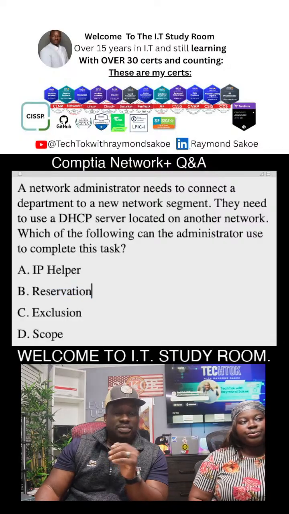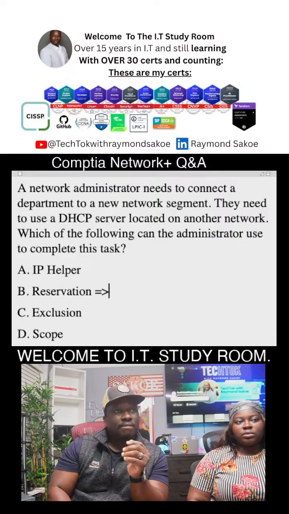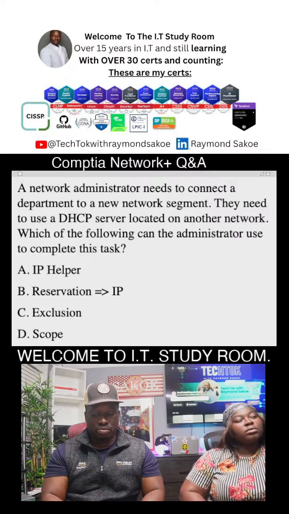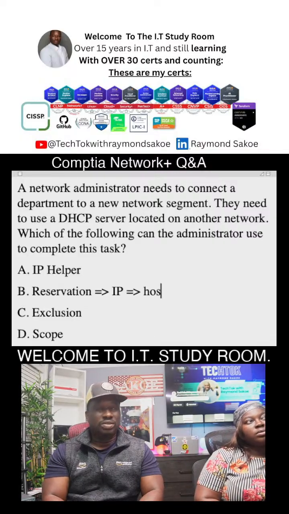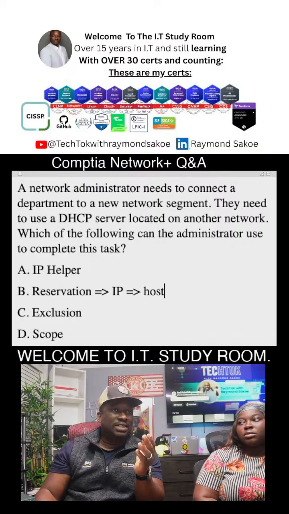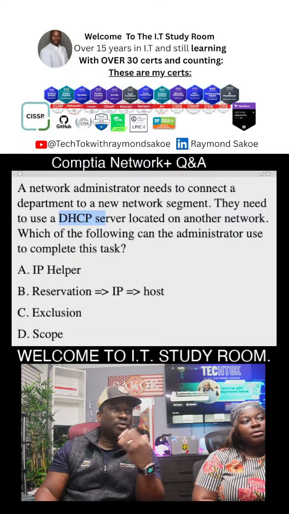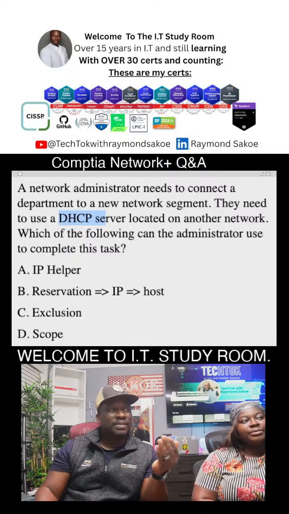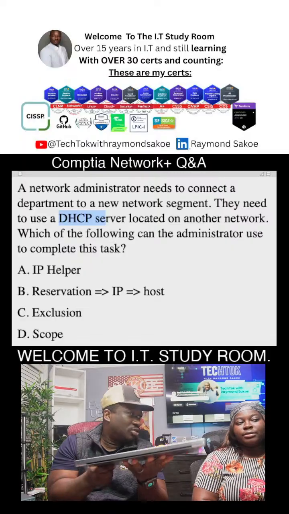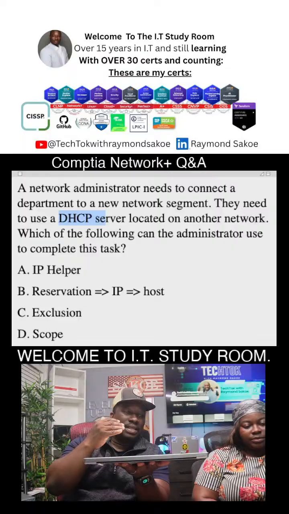Reservation. DHCP reservation is basically reserving an IP to a host or device. A simple example would be a printer. Remember, DHCP's job is to dynamically assign IP addresses to devices, and then it leases that IP address to the device. So it's similar to renting. If my laptop is at home, I'll ask for an IP address.